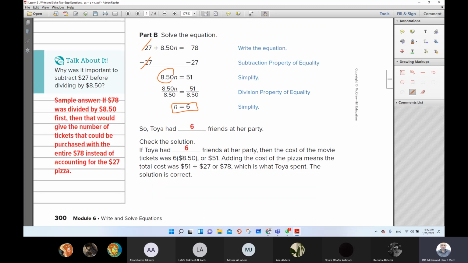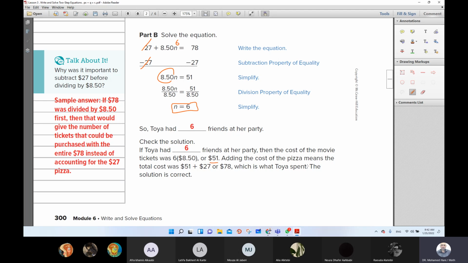If you want to check your solution, go back to the same equation and substitute the value n equals 6. So if Toya had 6 friends at her party, then the cost of the movie tickets was 6 times 8.50, which equals $51.